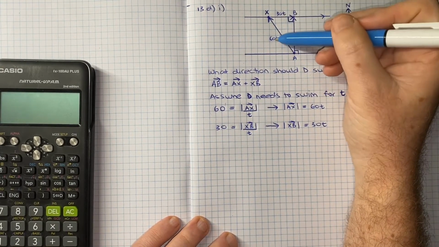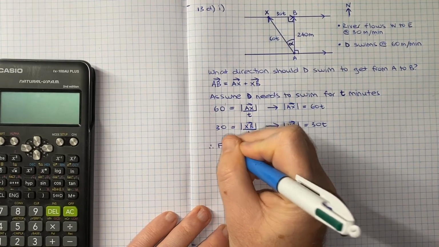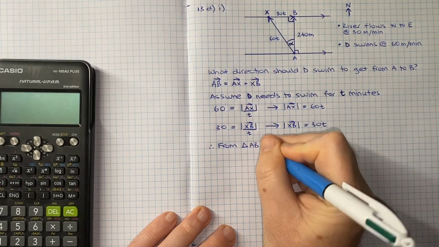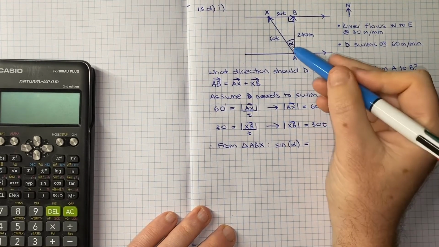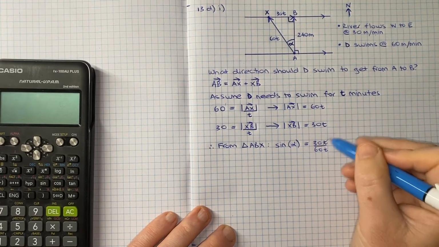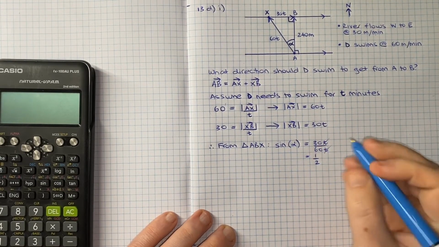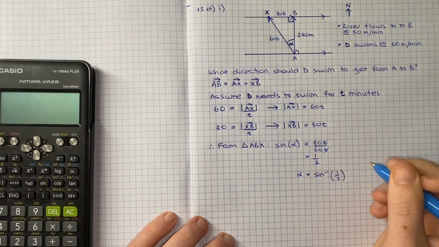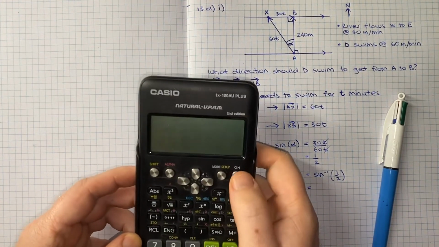And then, as I mentioned, since we're really concerned about this alpha, we can use sine of alpha will be opposite on hypotenuse. So we can say, from triangle ABX, that the sine of alpha is equal to the opposite over the hypotenuse, so 30T over 60T, and these T's cancel, and this 30 on 60 will reduce to a half, and so really alpha is equal to the inverse sine of a half, which if you know your triangles, you probably know off by heart, but it's always helpful to make sure.